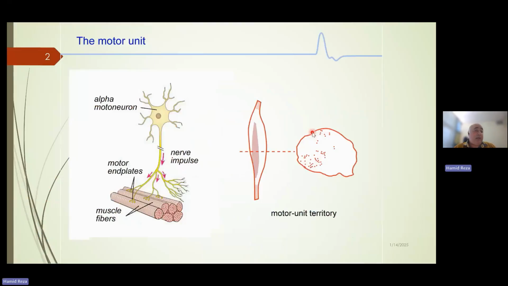As you know, we have the alpha motor neuron, and the pulses from the alpha motor neuron are transmitted to muscle fibers, innervating the muscle fibers through motor end plates. So it is the procedure of force generation.